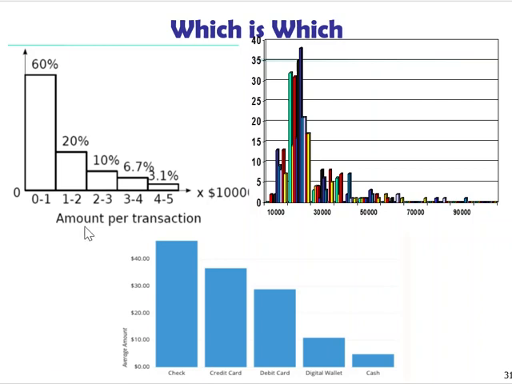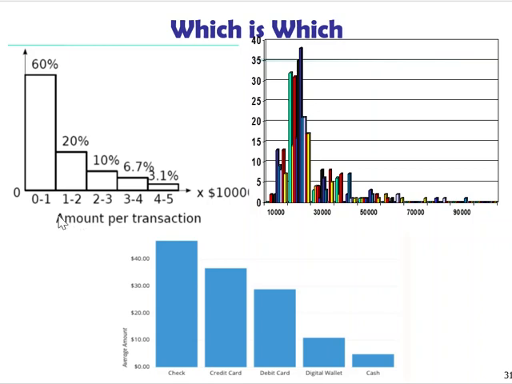So some transactions involve more items being bought in one transaction, so the dollar amount involved is greater than others.